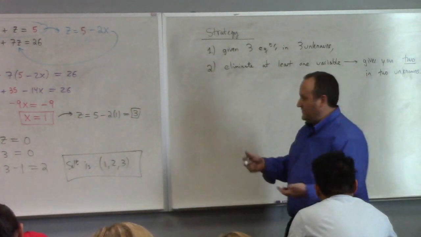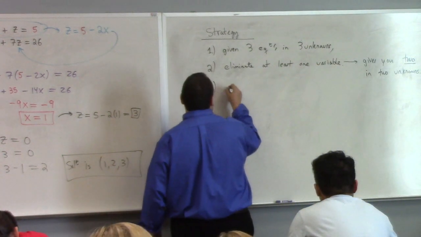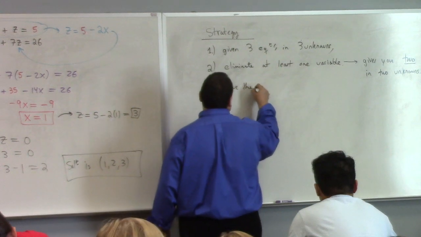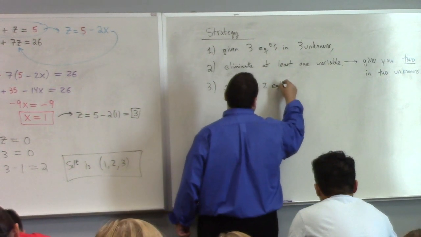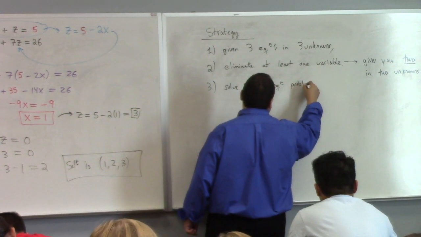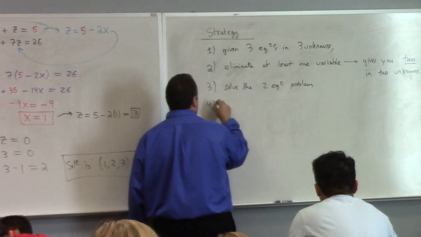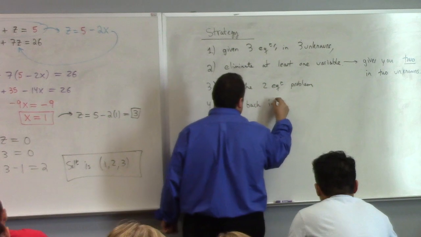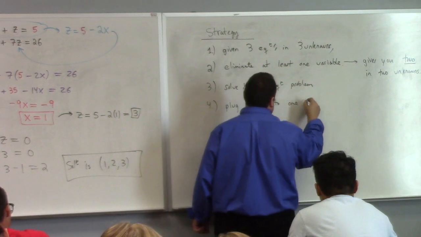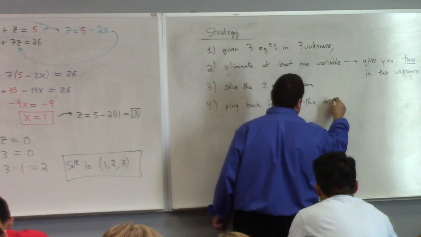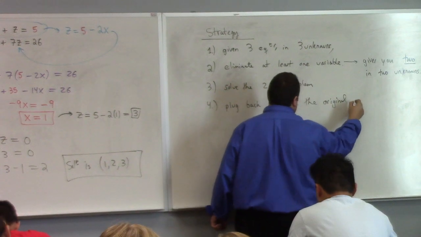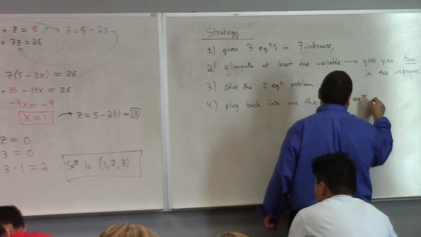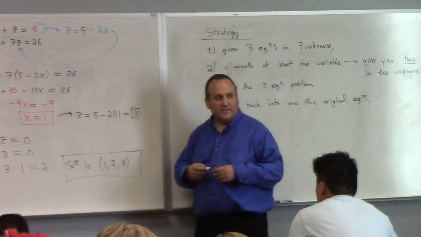Then we solve those 2 equations in 2 unknowns. Step 3, solve the 2 equation problem. And then step 4, plug back into one of the original equations. That's basically the method.